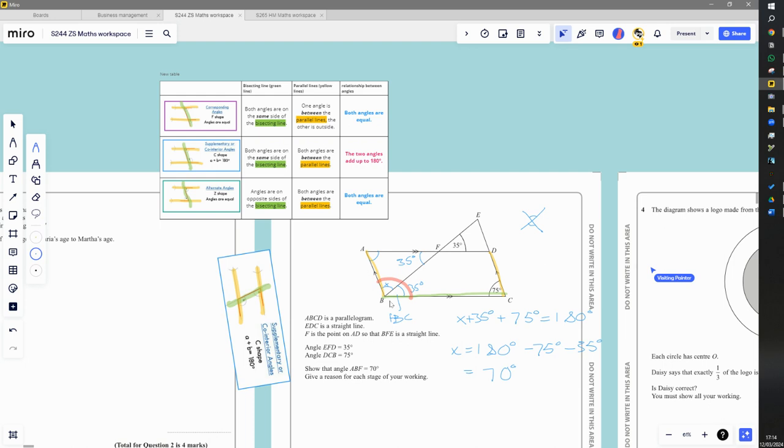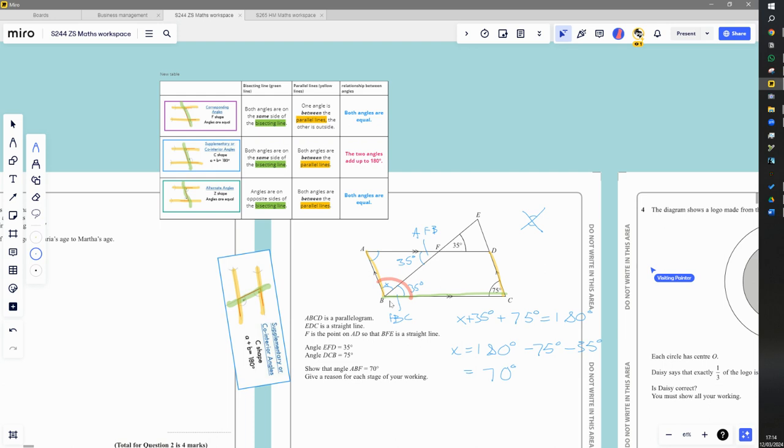When referring to this angle here, I can call it AFB. So I can say that AFB is opposite, or I think they often call them vertically opposite angles, to EFD, and so therefore identical. And then I can say FBC is an alternate angle to AFB.